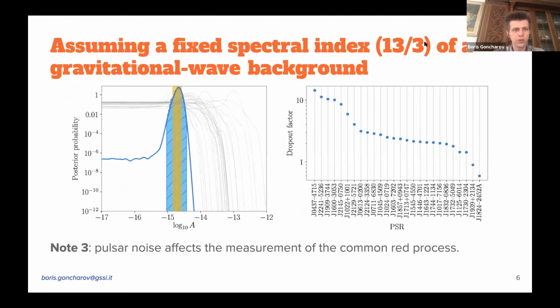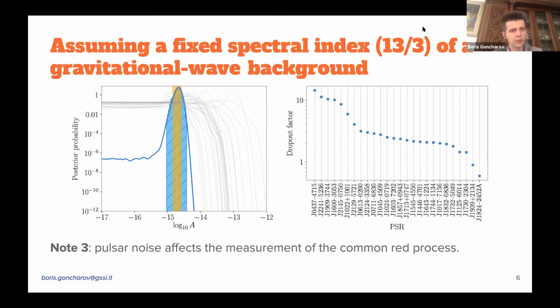Now, there is also something interesting that we can do: we can use the so-called factorized likelihood analysis, which was also done in the NANOGrav work, and which is basically an equivalently correct way to infer the amplitude of the stochastic gravitational wave background if we assume a fixed power law index. We just multiply the posterior distributions for different pulsars when fitting for the red process with this fixed power law index.